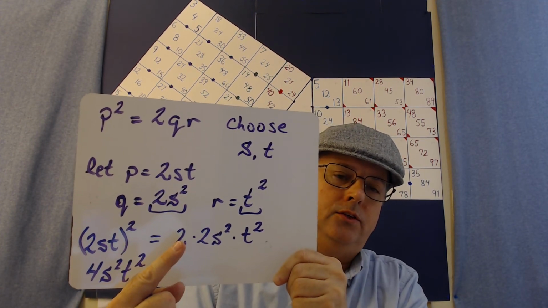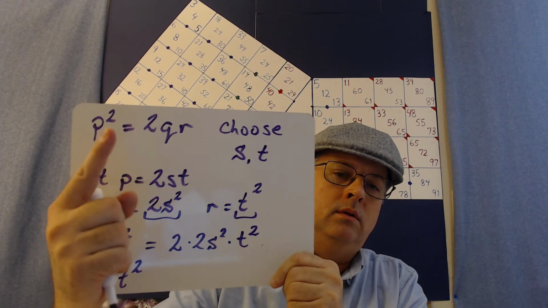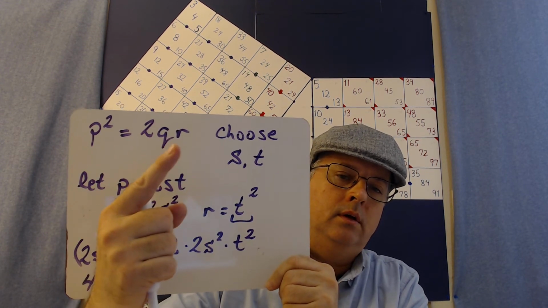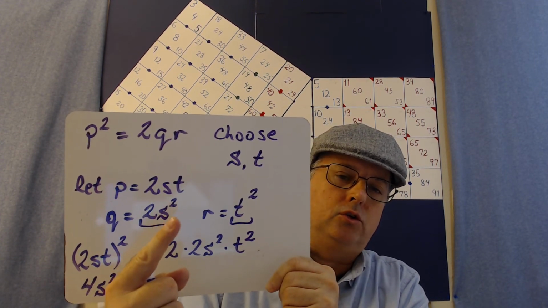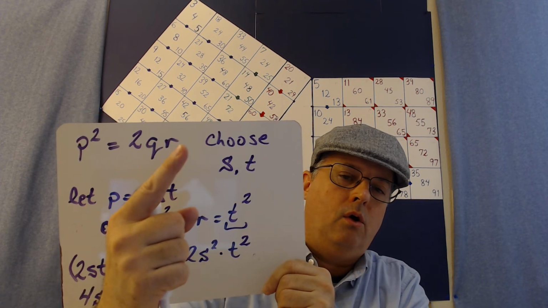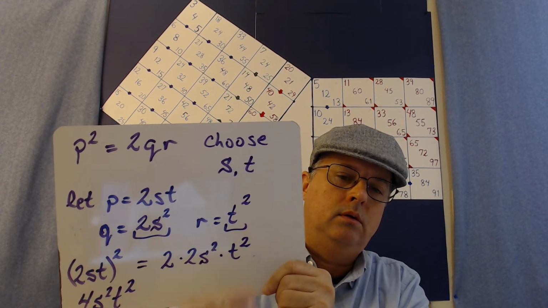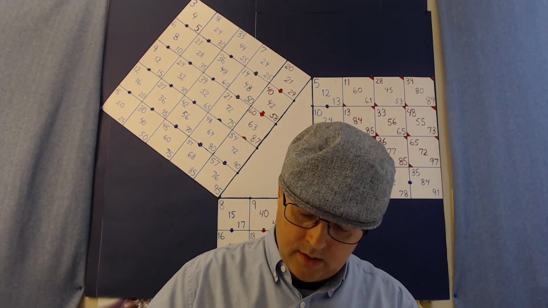And then 2 for the condition here. And then q is 2s squared, and then r is t squared. And so now check this out. It's so beautiful. This gives us 4s squared t squared.